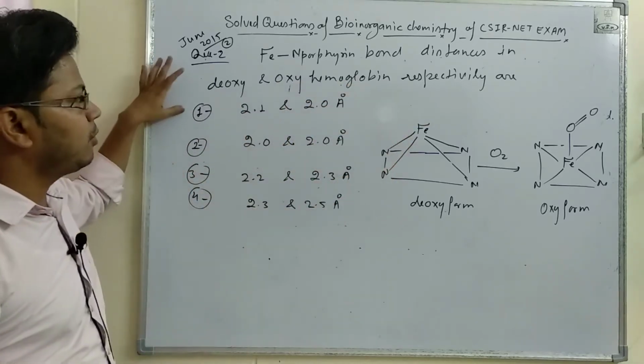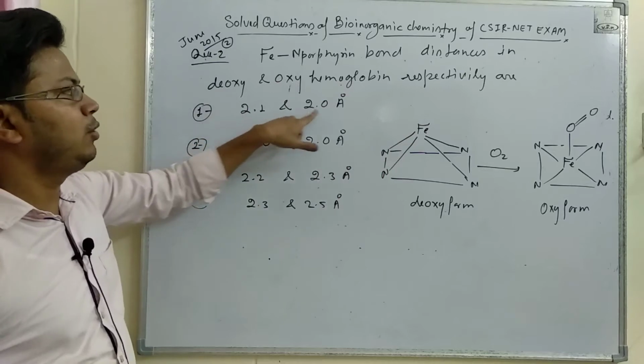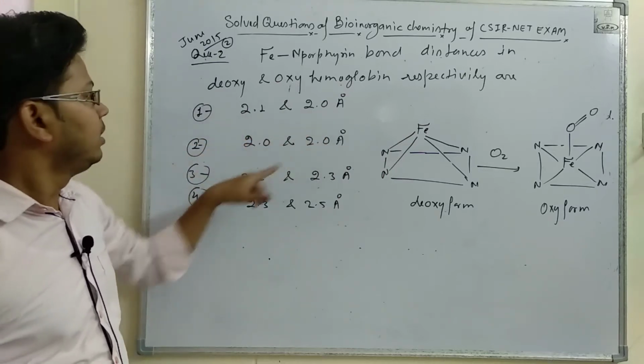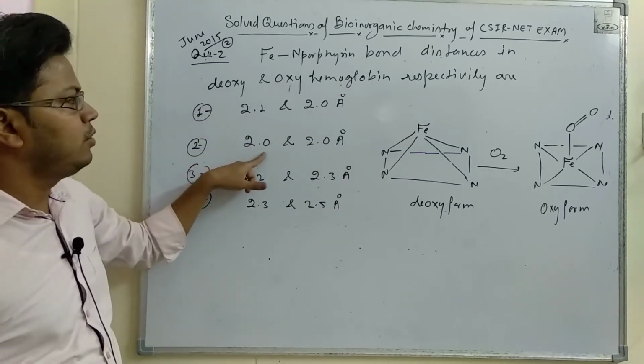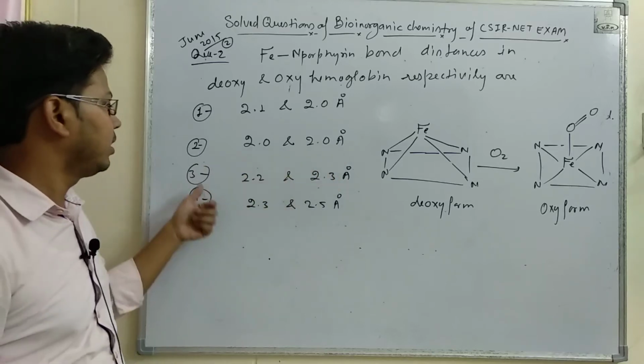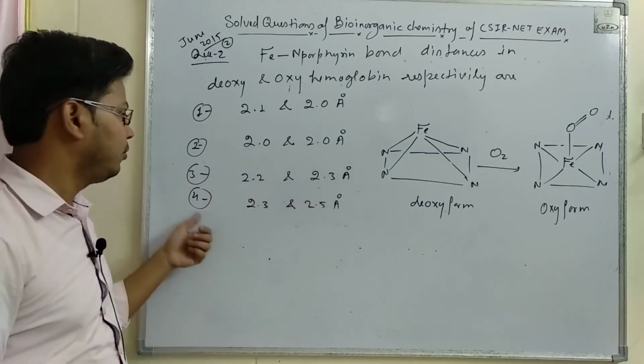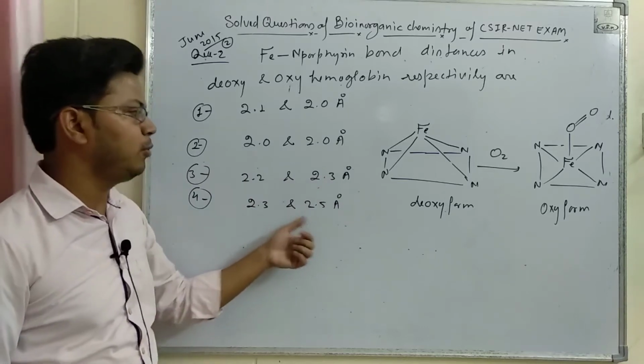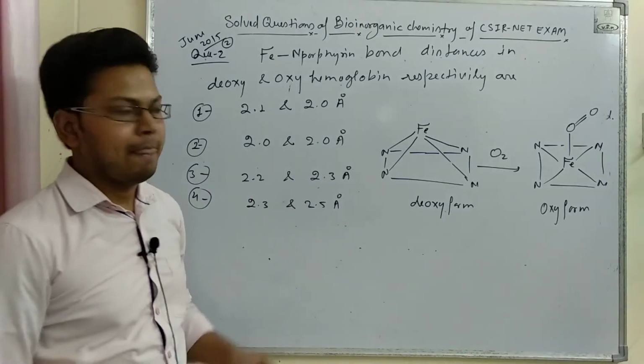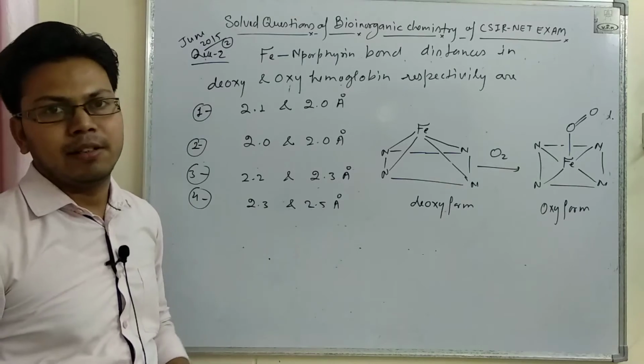The first option is 2.1 and 2 angstrom. The second option is 2.0 and 2.0 angstrom. The third option is 2.2 and 2.3 angstrom. The fourth option is 2.3 and 2.5 angstrom. Which option will be the correct?